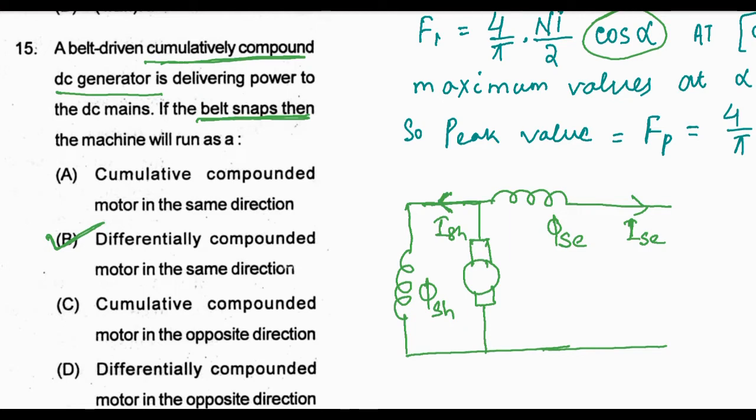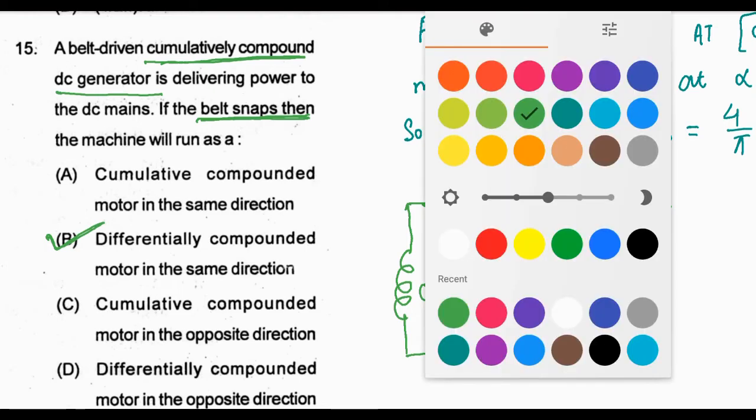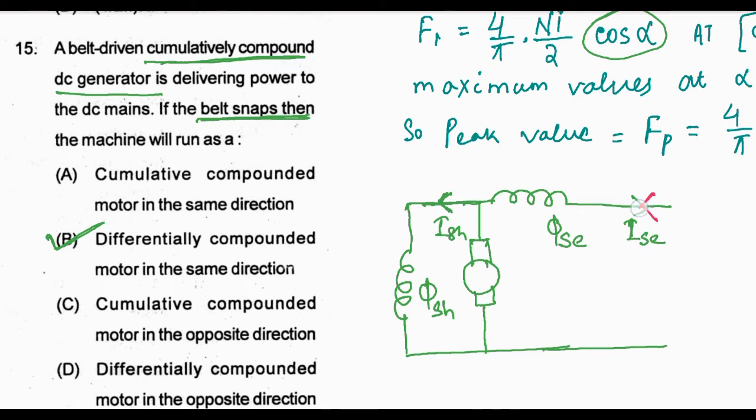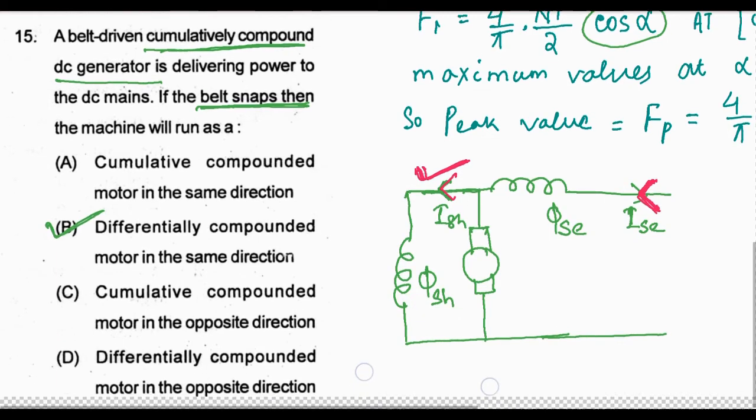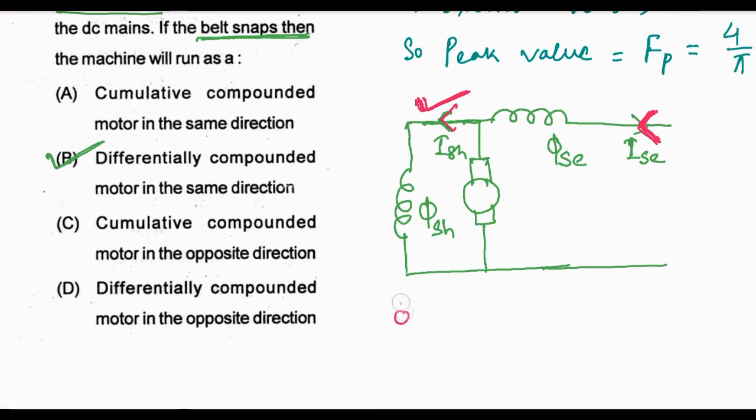When the belt snaps, that means the mechanical input is removed, and the machine is connected to DC mains. So what will happen here? The series field current direction will change, but the shunt field direction will remain the same as previous. Previously it was cumulative, that means phi SH plus phi SE.